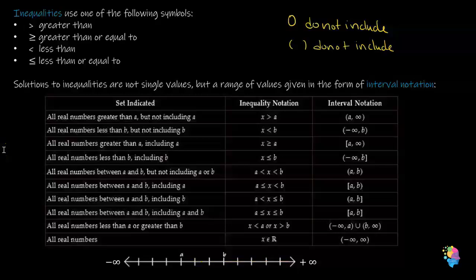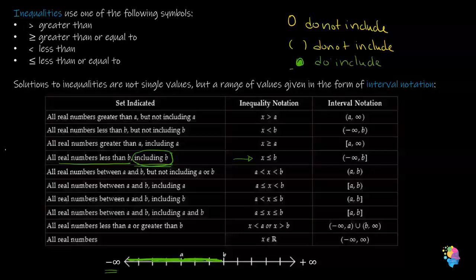Let's try another example. Let's say that this time you want to move from this inequality, X is less than or equal to B. That means that you want all the numbers less than B including B, and we want to move into the interval notation. So let's use the number line. I want all the numbers less than B, so I'm shading to the left, all the way to negative infinity, but this time we do want to include B. In some books, they use a closed circle to mean that you do include the number.